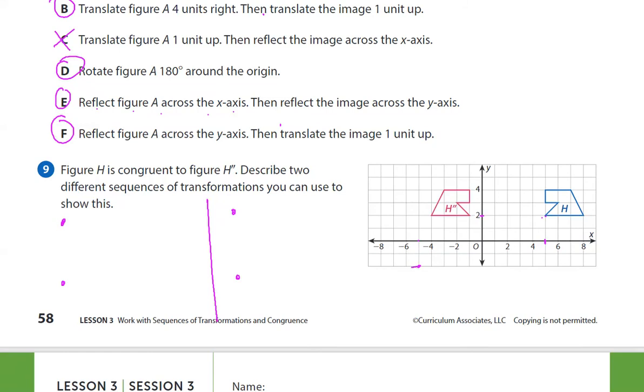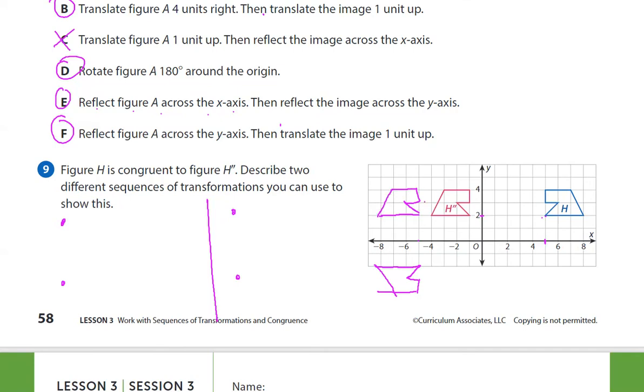So it would actually be over here. Ooh, that's a horrible shape. Okay. And then we'd have to reflect it. So it would be right here. And then we could translate it.